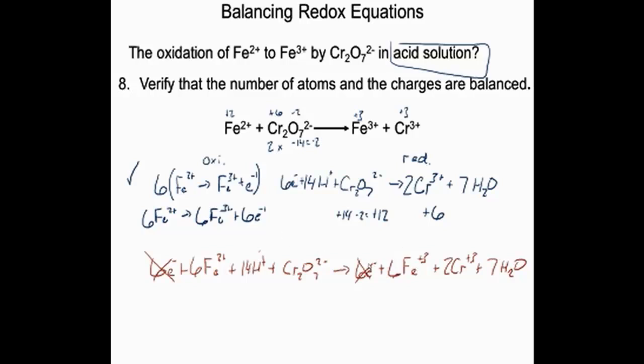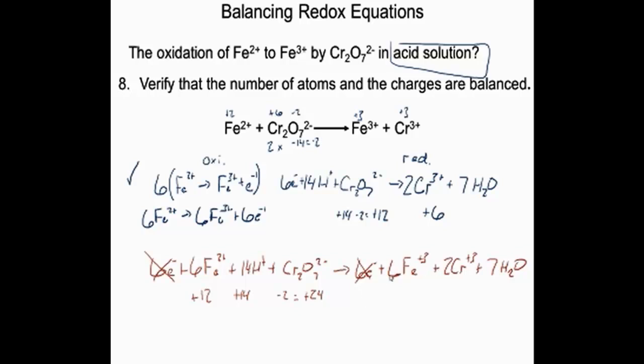And now we also need to check, which we haven't really done with balanced equations before, our charges. So we have 6 times 2 plus, or plus 2 Fe's, so we're going to have a plus 12 charge. And then we also have 14 H+, plus 14, and then we're going to have minus 2. So overall, this adds up to a plus 24.